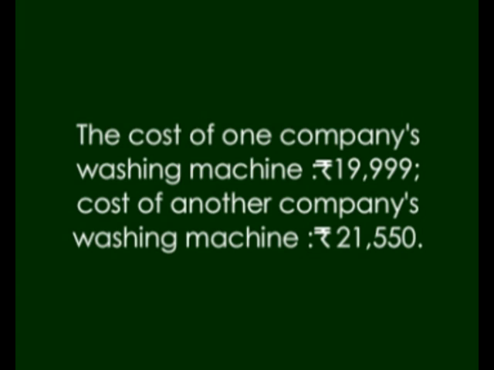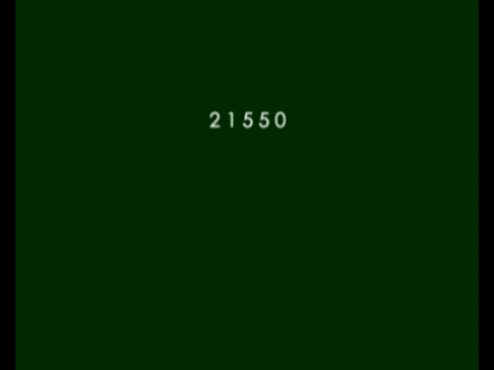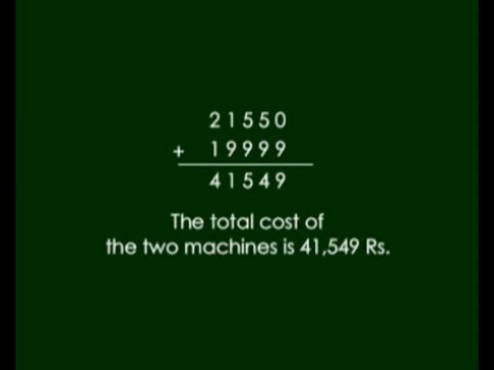What is the total cost of two machines? 21,550 plus 19,999 is equal to 41,549. So the total cost of the two machines is 41,549 rupees.